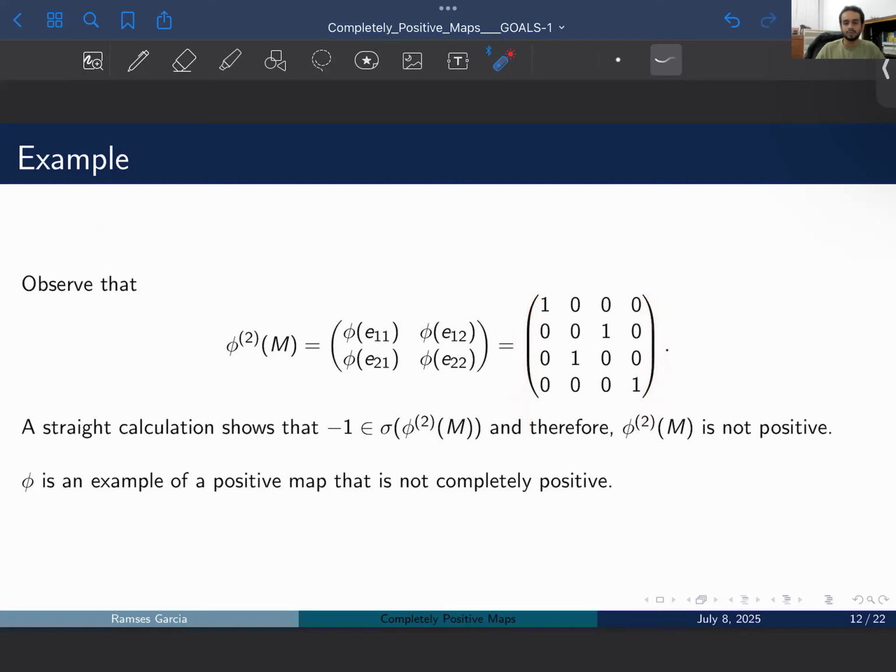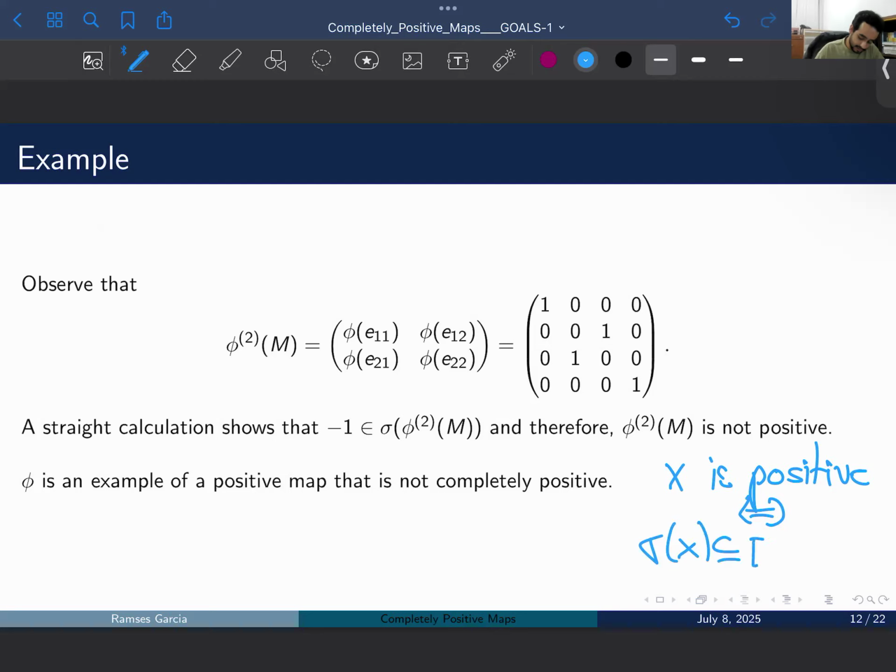a straightforward calculation shows that -1 is in the spectrum of that matrix, and therefore phi2 on M is not positive. I'm using here that an element in a C-star algebra is positive if and only if its spectrum is contained in the non-negative real numbers.